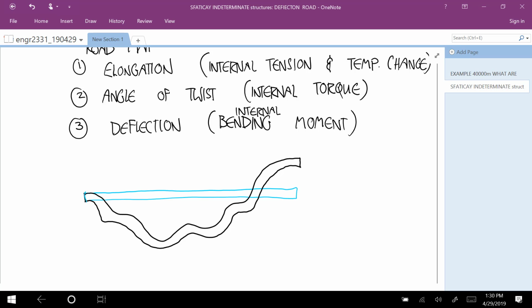Everything we're doing is small deformations. And if you have small angles, then an x value in the original beam is about the same as the x value in the deformed beam. So the only reason that this one is way longer than this one is because I've exaggerated the amount of deformation.